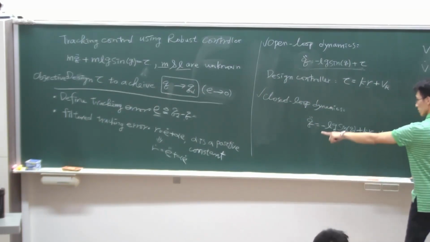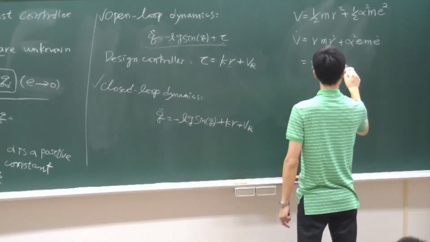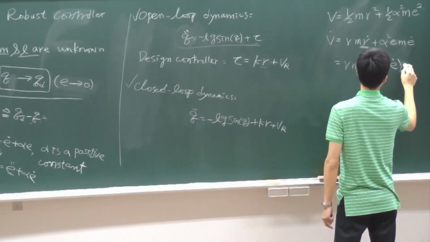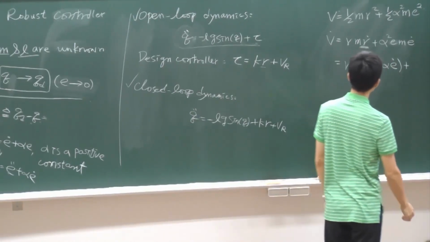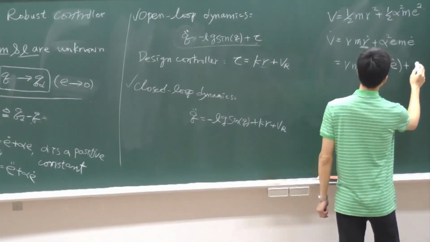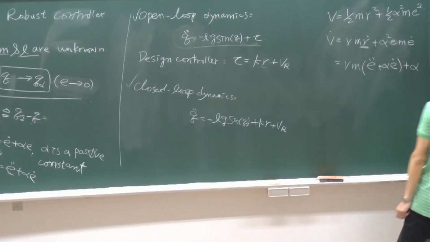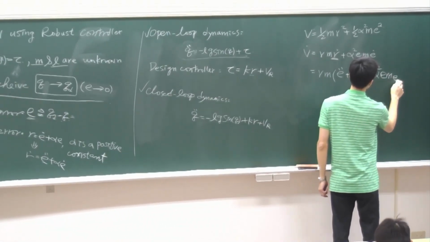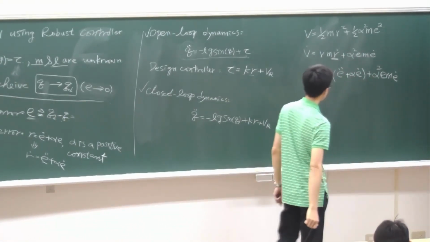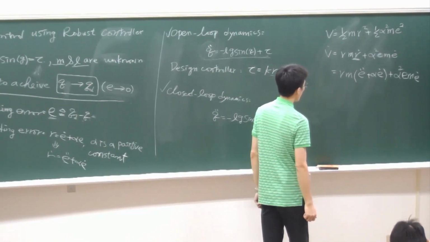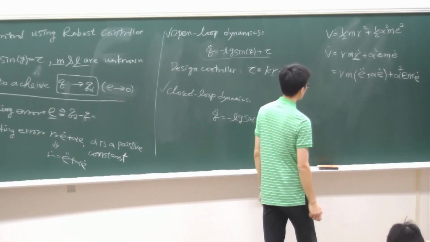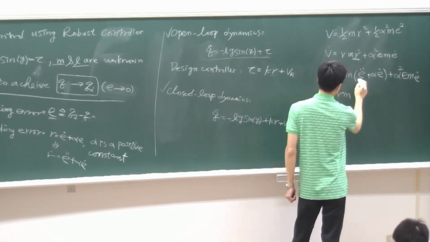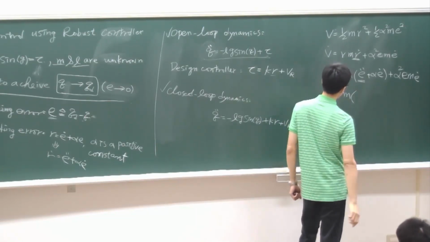So when you take the time derivative, that's E double dot plus alpha E dot. And this is alpha squared E M E dot. Then you expand this.